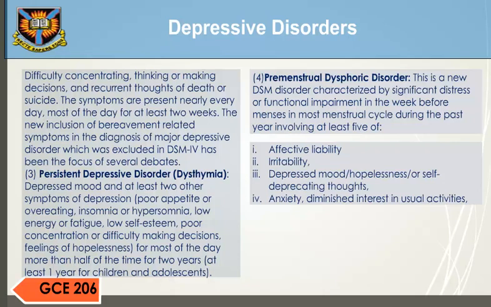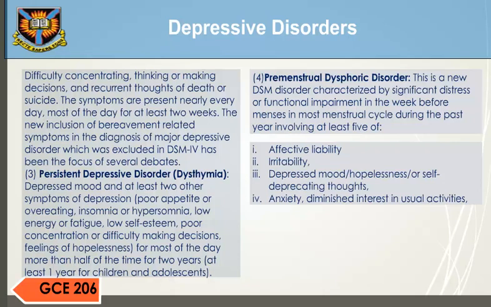This is a new DSM disorder characterized by significant distress or functional impairment in the week before menses in most menstrual cycles during the past year, involving at least 5 of: 1. Affective lability, 2. Irritability, 3. Depressed mood, hopelessness or self-depreciating thoughts, 4.